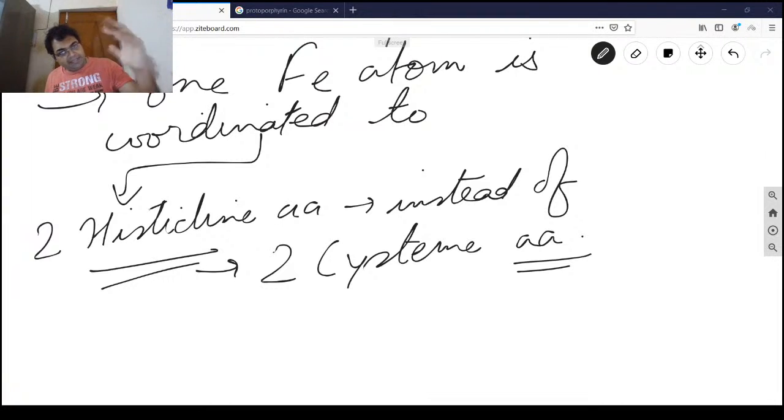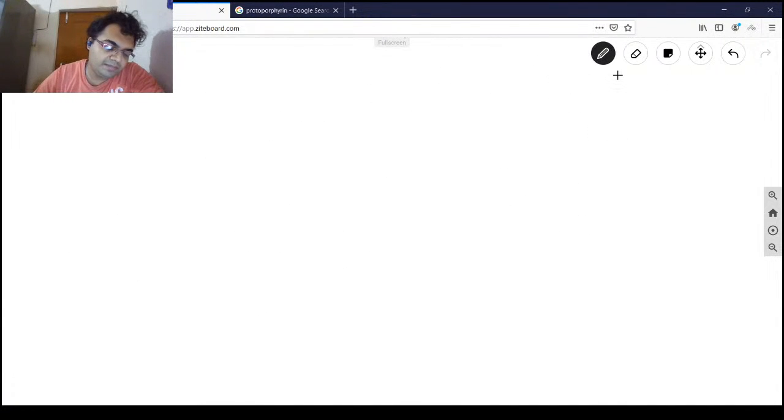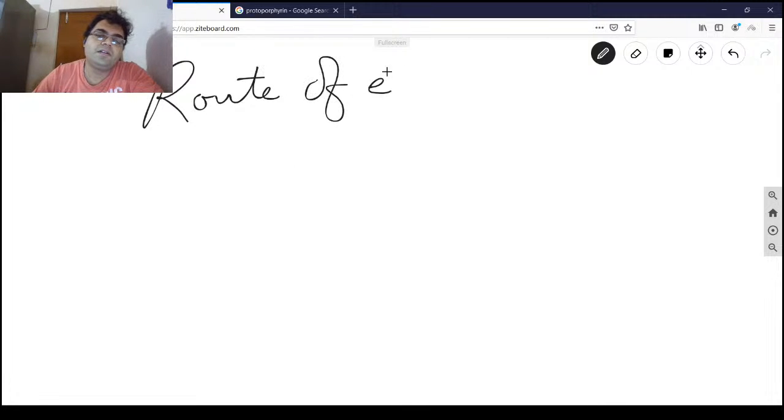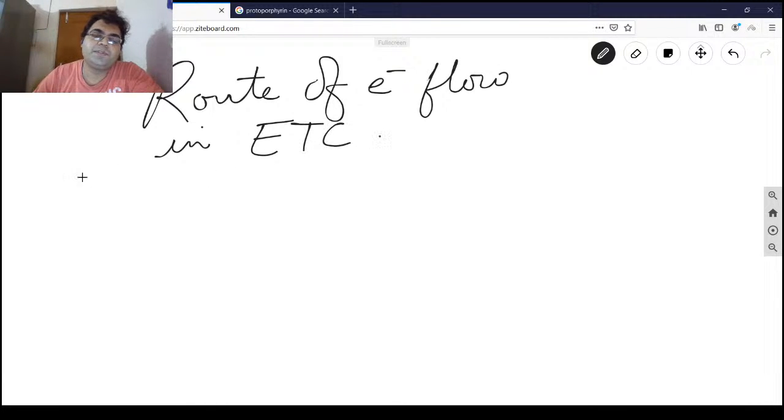But technically speaking, the specific route of electron flow from NADH to O2 will be, I'll put the heading, route of electron flow in electron transport chain.